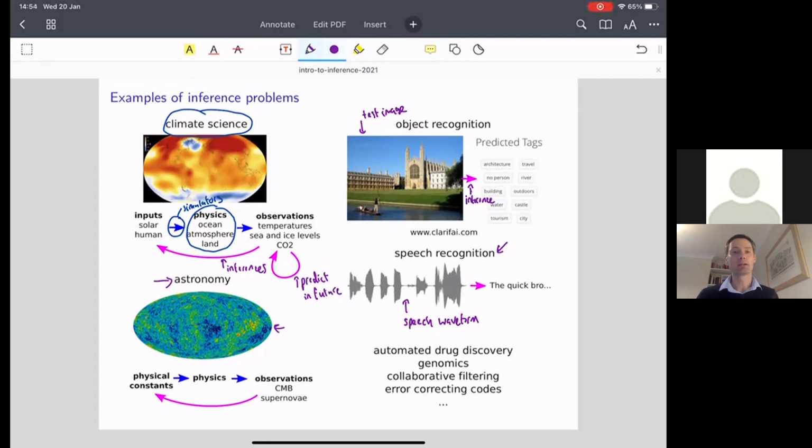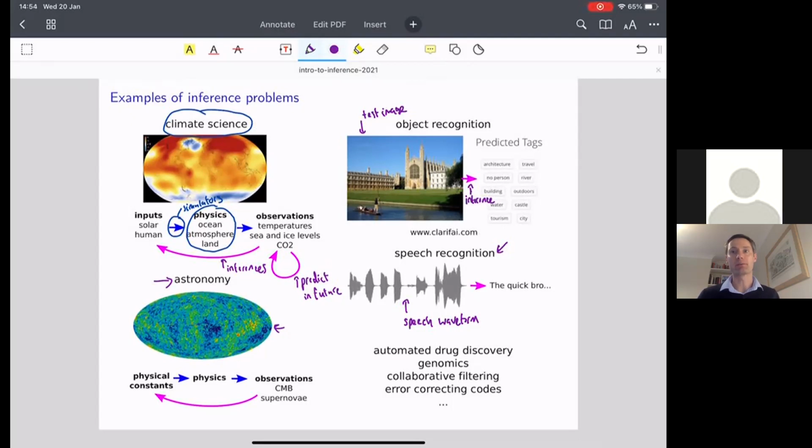Genomics, similarly, you'd like to analyze lots of genomic data and actually be involved in lots of different inference problems. So estimate the probability that someone might have a particular genetic disease, for instance, from their genetic material, or to cluster people who have similar genetic properties together. You might want to infer whether two people are similar to each other in certain respects.